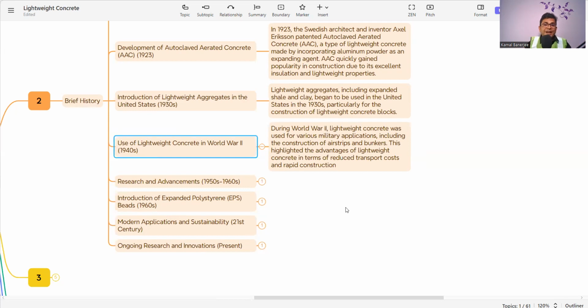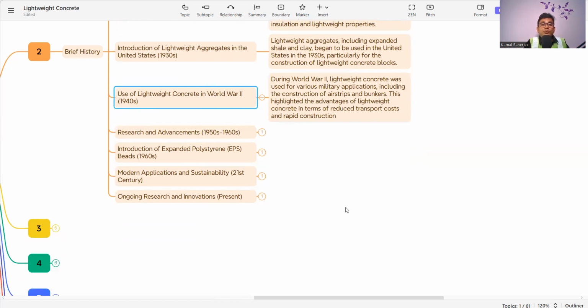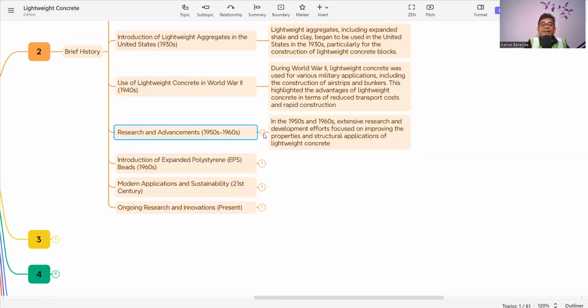The Second World War had a devastating effect on society all over the world, but it also gave us advances in lightweight concrete for transportation and faster construction. During World War II, it gained more popularity. Then research and advancement in the 1950s and 1960s.